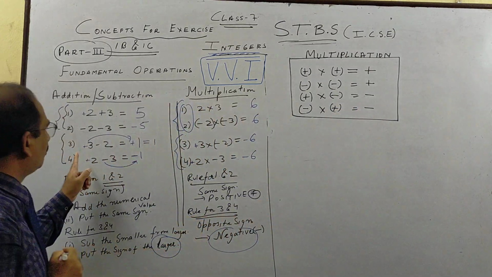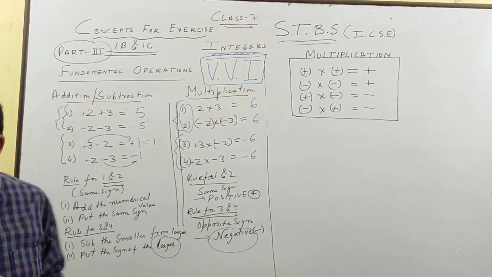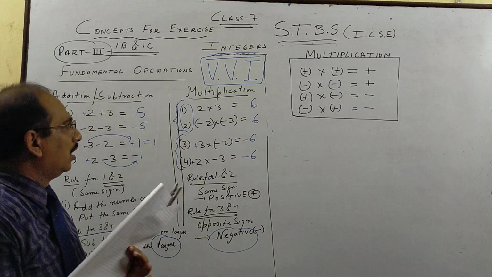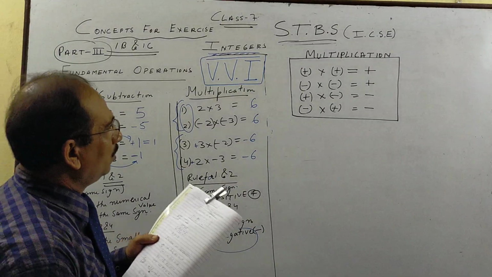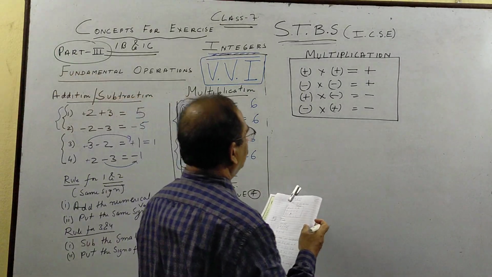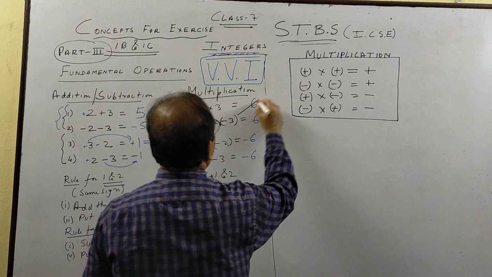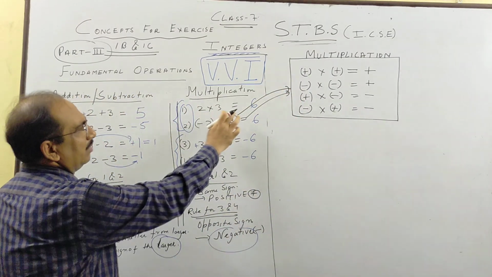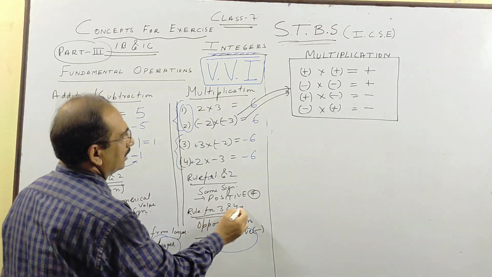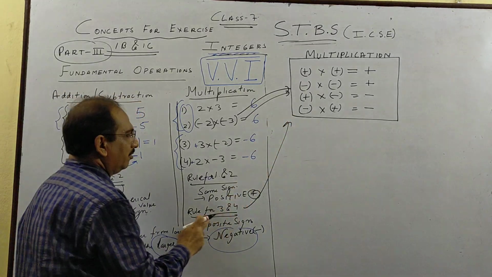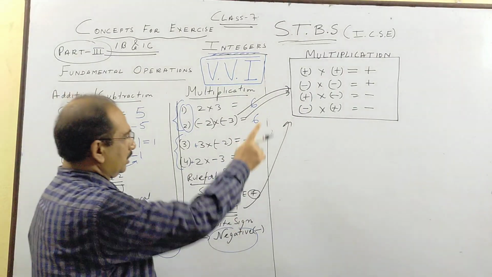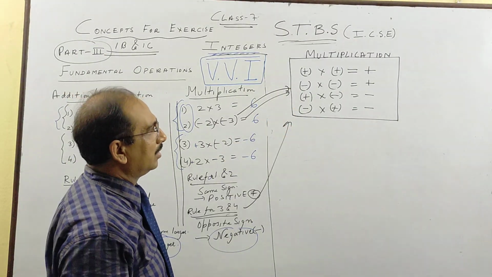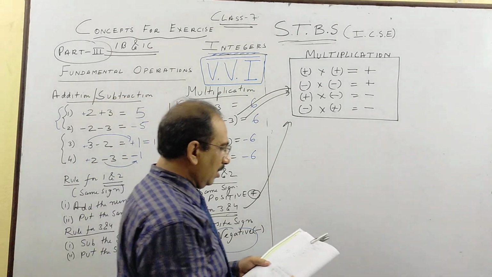Okay, so this example I have given you over here. If you want to see more examples, I will show it to you. See, this is what I have written here, same thing I taught you. This is another way of remembering this. Plus plus plus, minus minus plus, plus minus minus, minus plus minus. Then we have few examples.